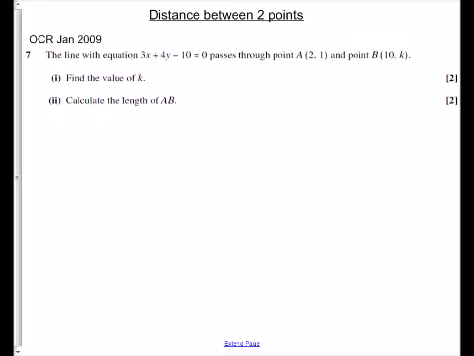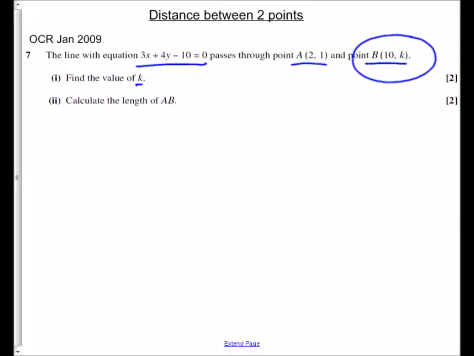So the first thing to do with this sort of question is to understand what it's asking for. Well, we've got the equation of a line. We've got one coordinate which we know everything about, one coordinate which we don't know everything about, and we're asked for k, which is part of our B coordinate.